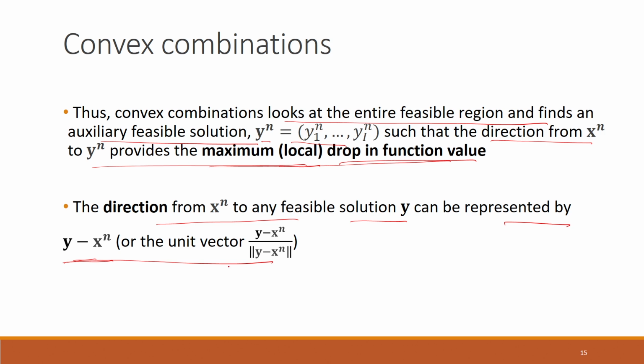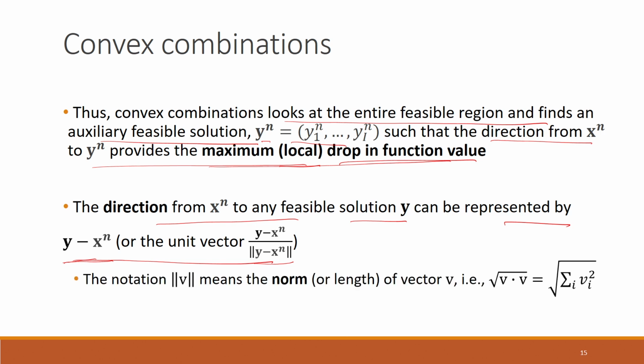You can also represent it in the form of a unit vector by dividing it by the norm of this vector. If you do not recall, this notation, norm of v, means the norm of a vector or the length of the vector v. It is equal to the square root of v dot v, that is, the square root of the sum of the squared components in v.